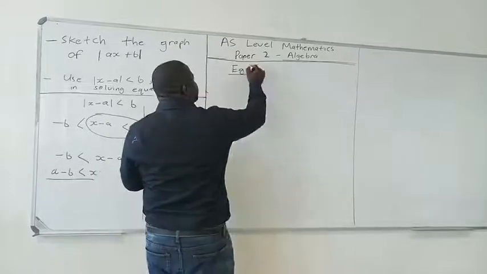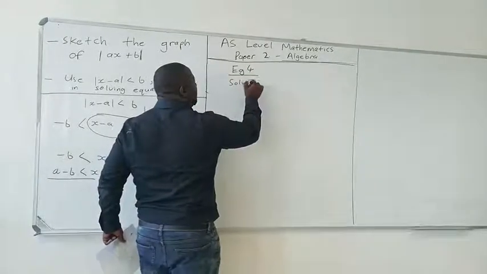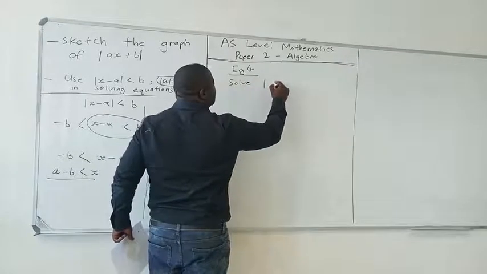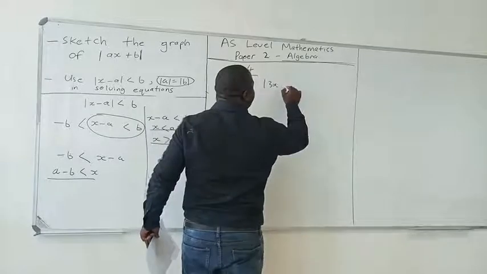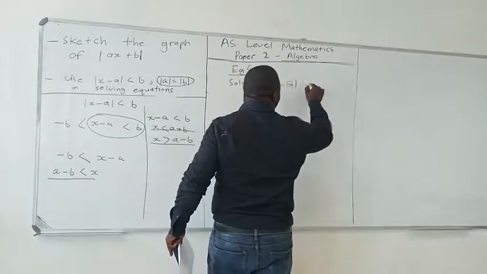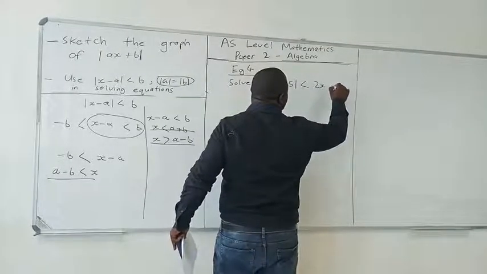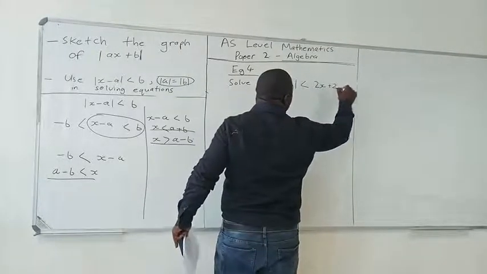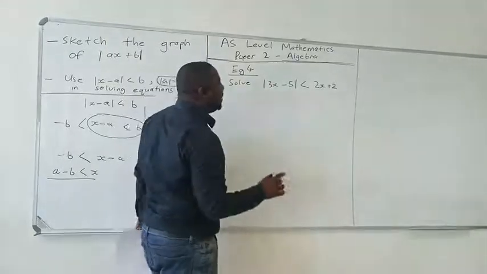Right, and this is example 4. Solve modulus of 3x minus 5 is less than 2x plus 2. We follow the same pattern.